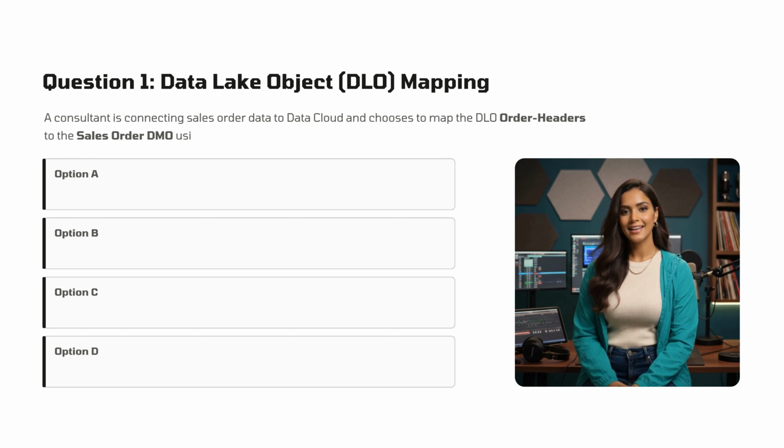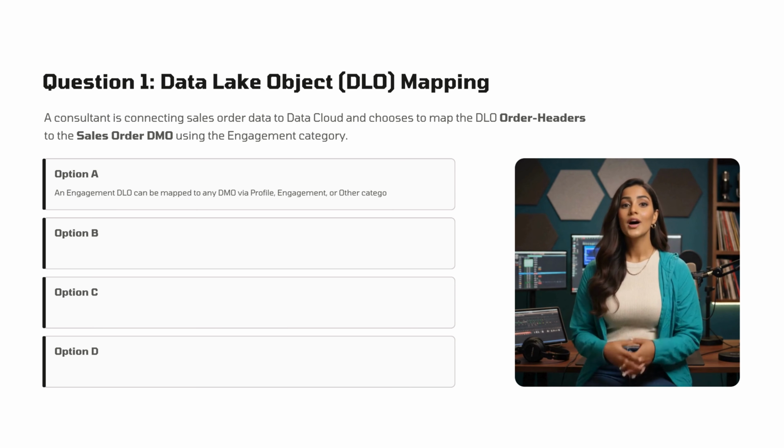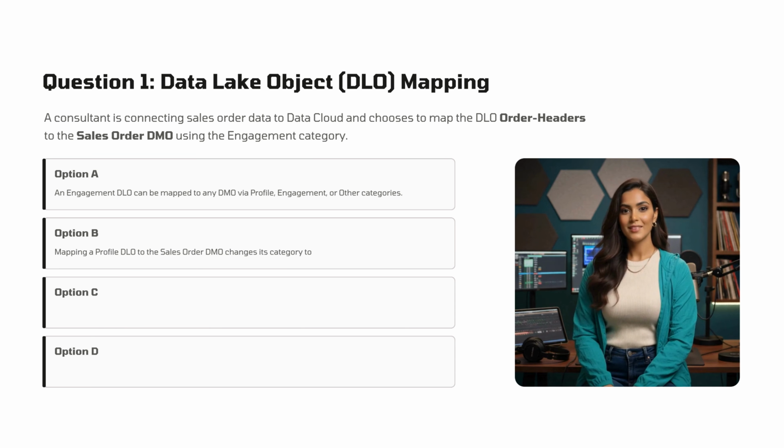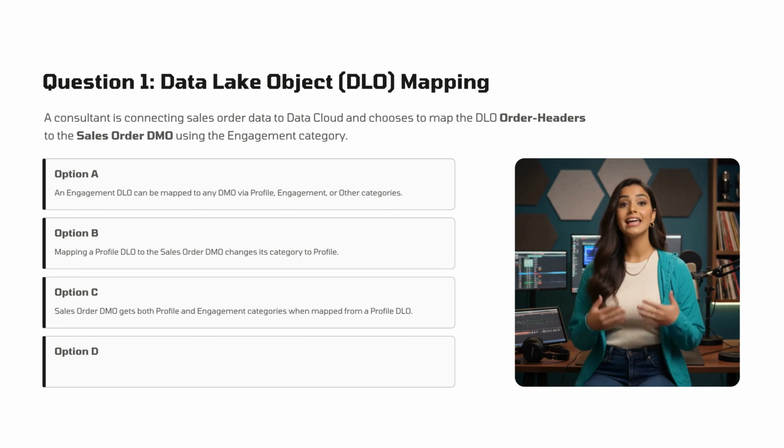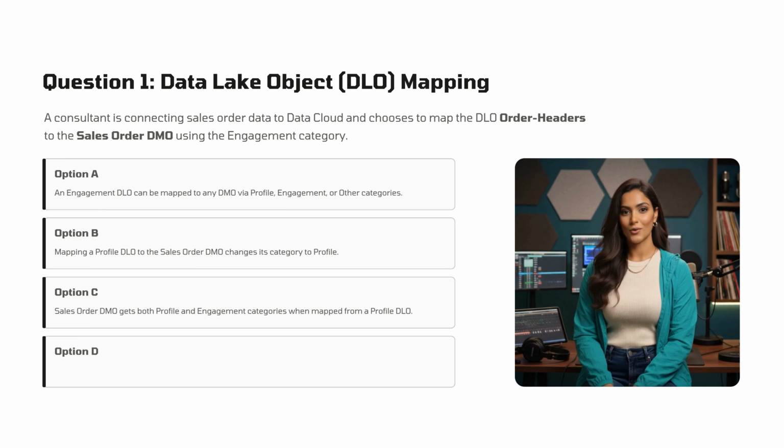Options: A. An engagement DLO can be mapped to any DMO via profile, engagement, or other categories. B. Mapping a profile DLO to the Sales Order DMO changes its category to profile. C. Sales Order DMO gets both profile and engagement categories when mapped from a profile DLO.